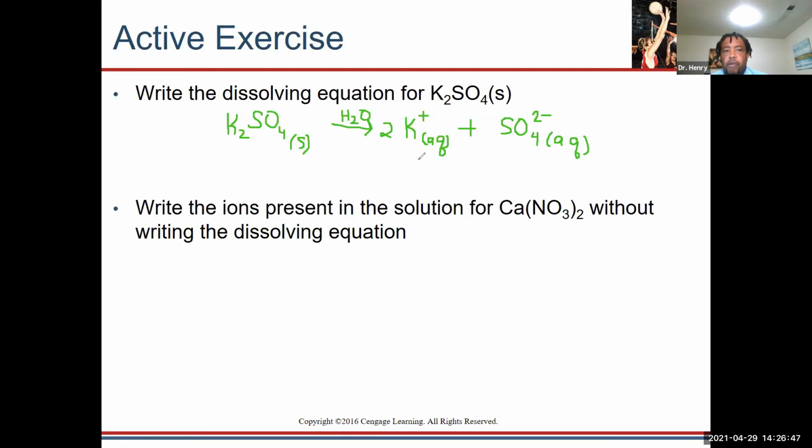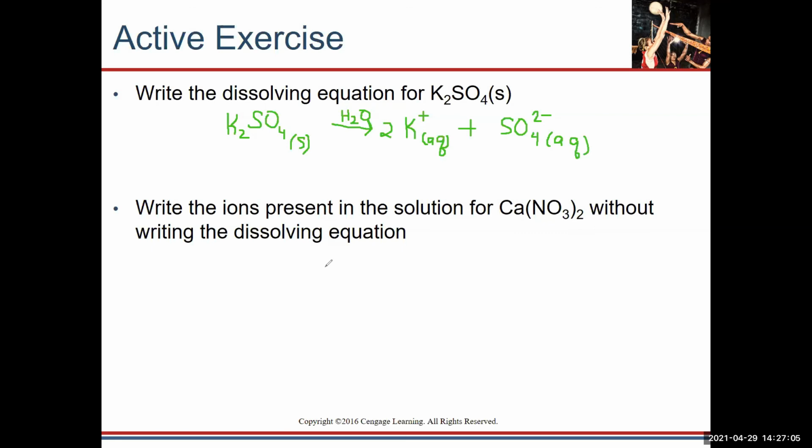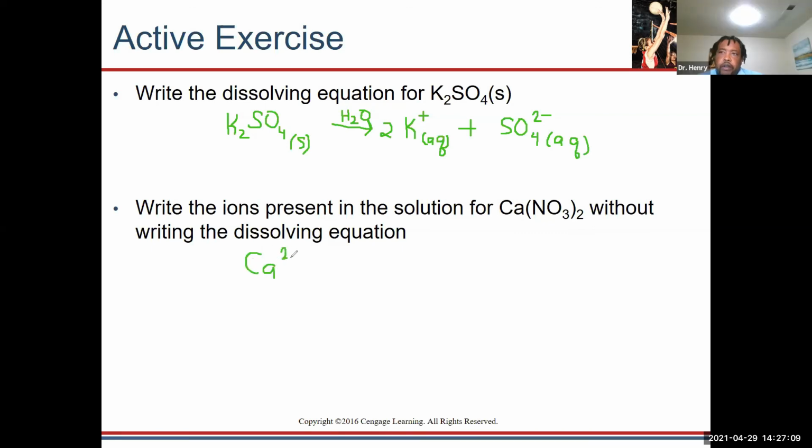Yeah. Okay, so write the ions present in the solution for calcium nitrate. So what 2 ions are going to be in a solution of calcium nitrate? Ca2 plus, and we want to put aq to let us know it's in a solution.